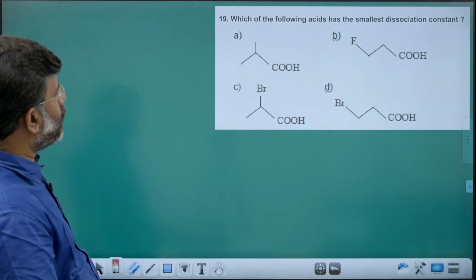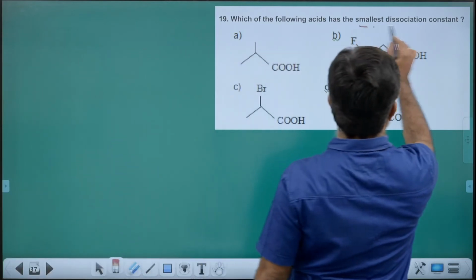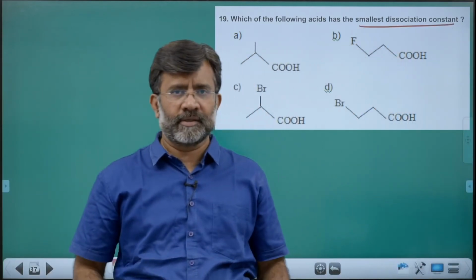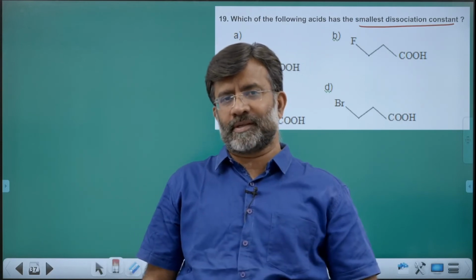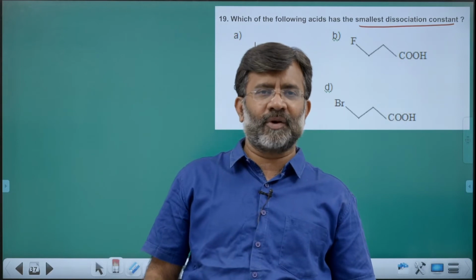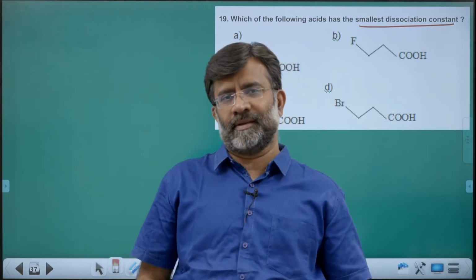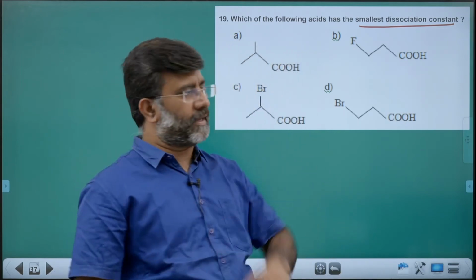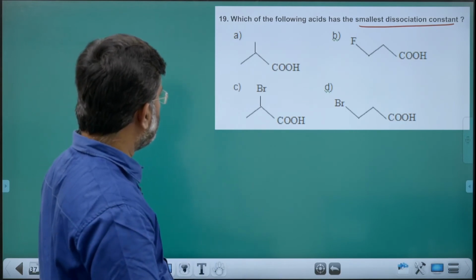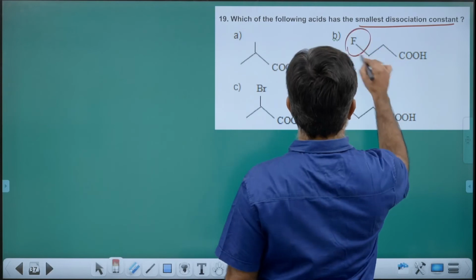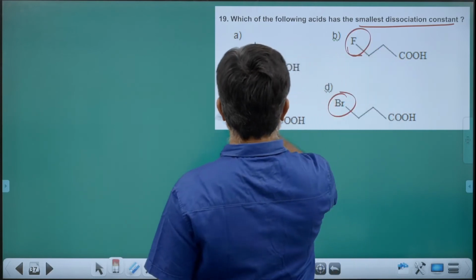Smallest dissociation constant. Smallest dissociation constant means strong acid or weak acid? Weak acid. Low Ka value means weak acid. So which is weak acid? Here you have fluorine, here you have bromine, here you have bromine.